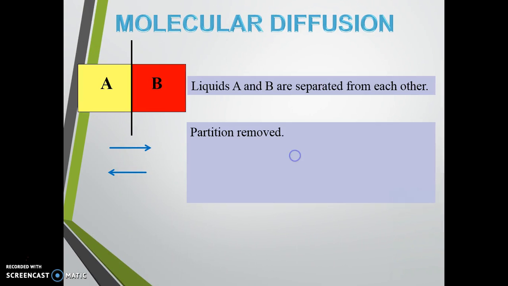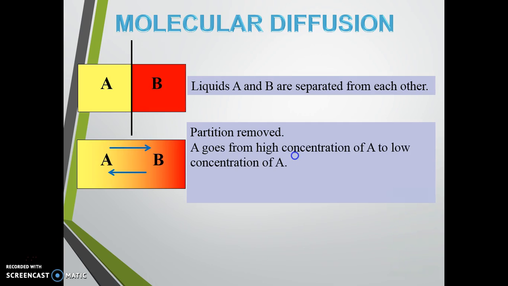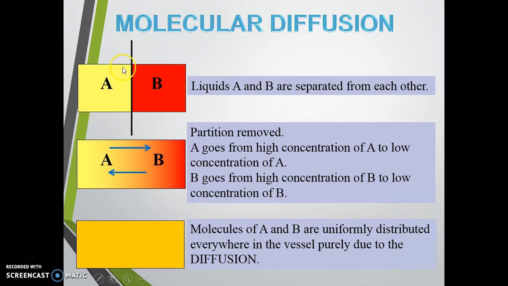Okay, to make you understand this theory better, let's say we have two components in a beaker which has been separated by a barrier. At this point it is highly concentrated with component A. At this point it is highly concentrated with component B. For example, this is one point, this is a second point.